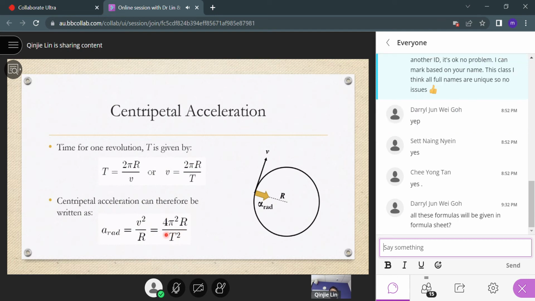Let's say the question gives you velocity and radius, of course, very nicely you can find this. But let's say the question gives you the period and never gives you velocity, then this will be the one that you will be using. Of course, if you want to slowly derive it, you can also. Basically, they equal each other.